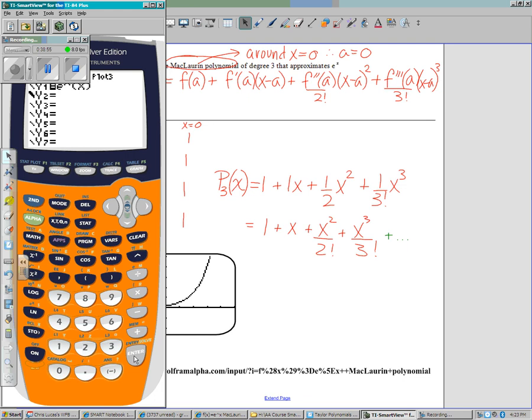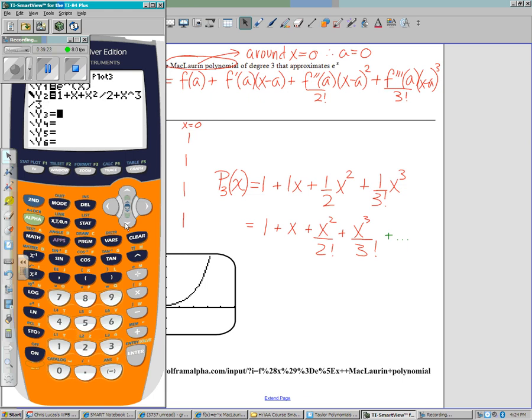And then 1 plus x divided by 2 plus x, oops, gotta do x squared divided by 2. There, that gives you time to catch up. X squared divided by 2 plus x cubed divided by 3. Not the nicest way to write it, but I think it'll still be understood.